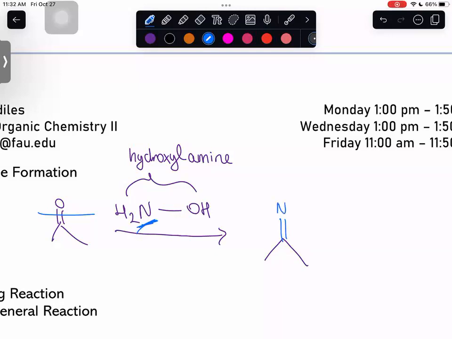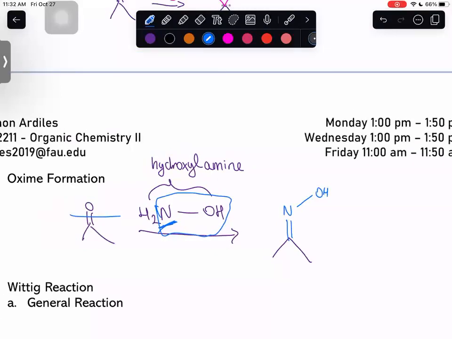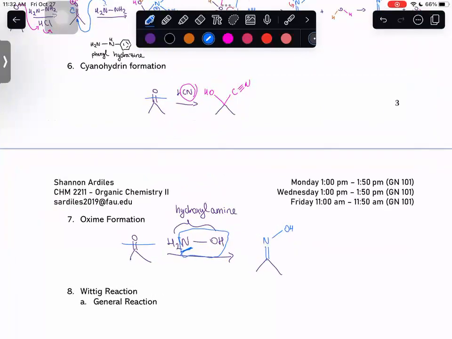I connect my nitrogen, and then the only remaining portion of the reagent is going to be the nitrogen with the alcohol group. The hydrogens, we're not connecting them, because if we do, then we're going to get a positive charge in there. Simple as that. Questions?